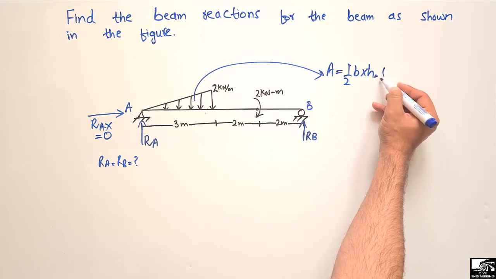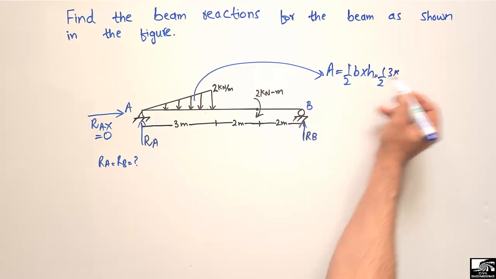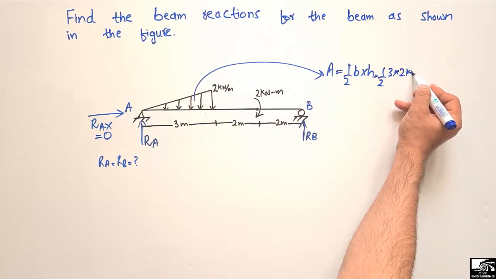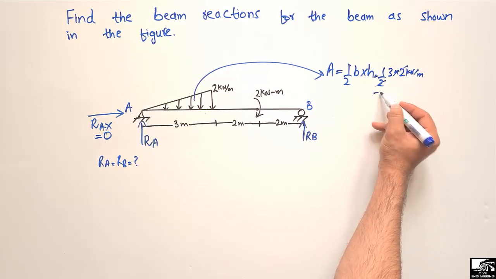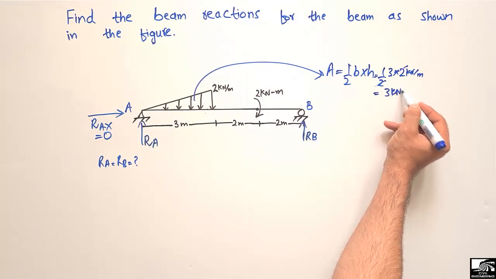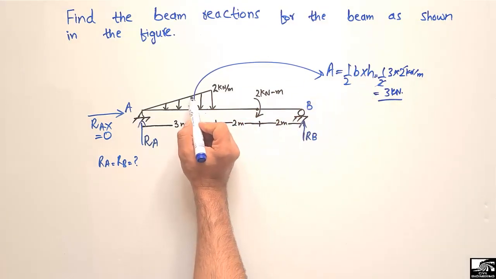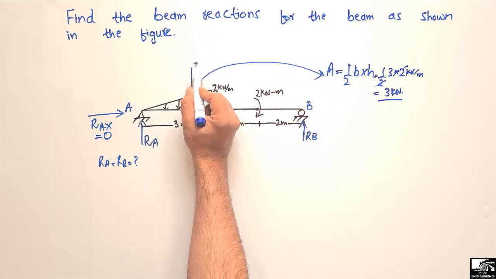Now, the base is 3 meter and the height is 2 kilonewton per meter. So this 2 will be cancelled, and we will remain with only 3 kilonewton. So the magnitude of the pointed or concentrated load is 3 kilonewton, acting at the centroid of this triangular load.